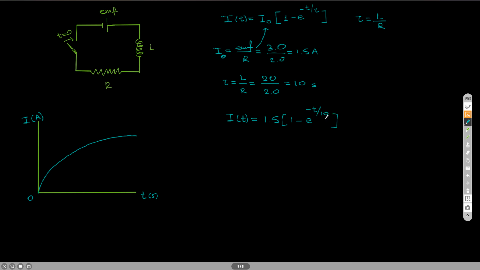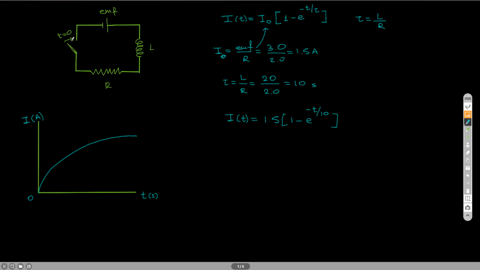Okay, and this is an expression that depends now only on time. If you give me a time, I can do the calculations and tell you what the value of the current is.